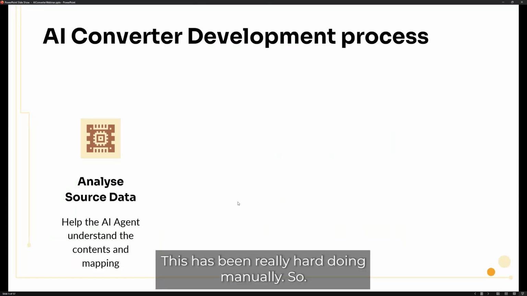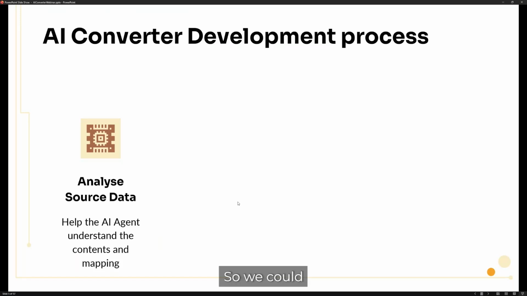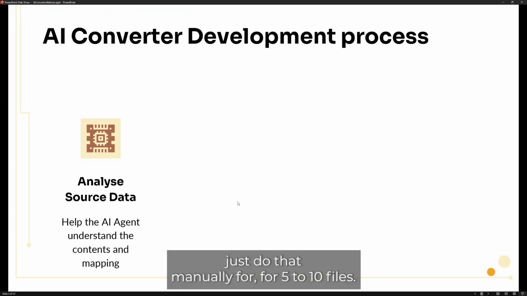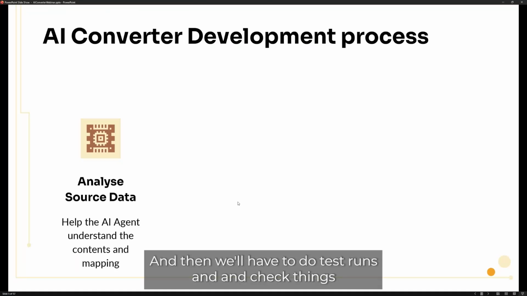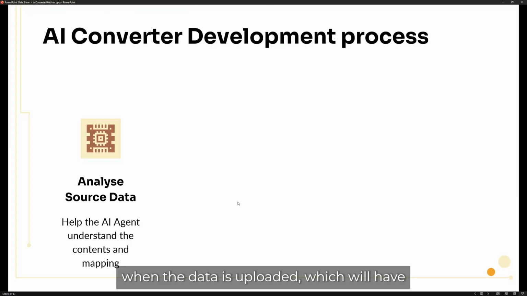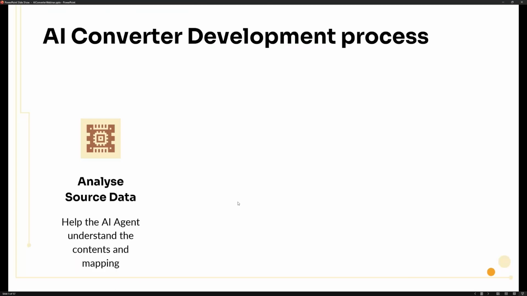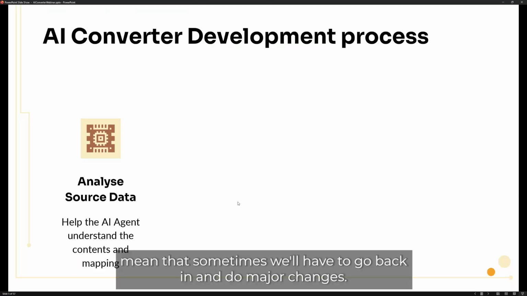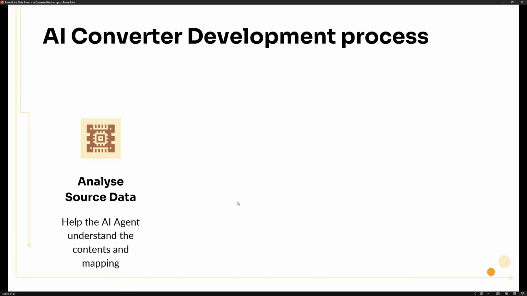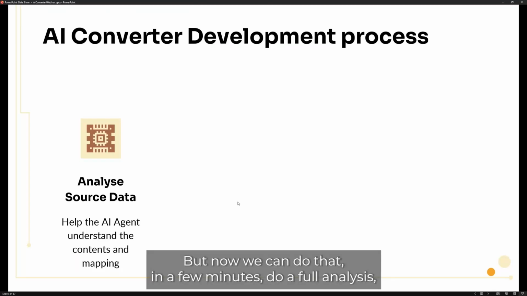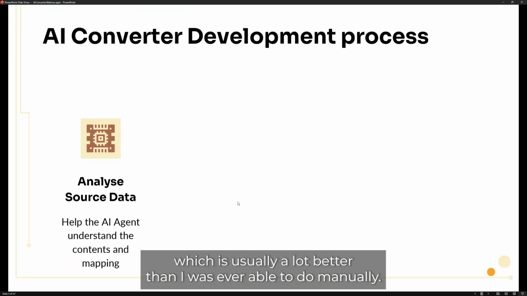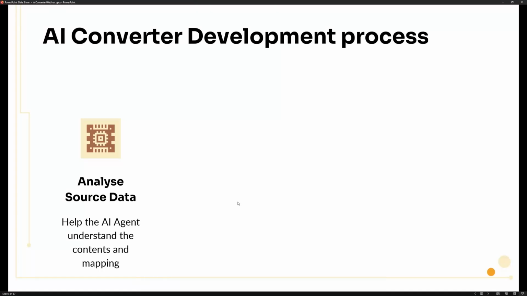This has been really hard doing manually, so we could at tops do that manually for 5 to 10 files, and then we'd have to do test runs and check things when the data is uploaded, which would mean that sometimes we'd have to go back and do major changes. But now we can do a full analysis in a few minutes, which is usually a lot better than I was ever able to do manually.